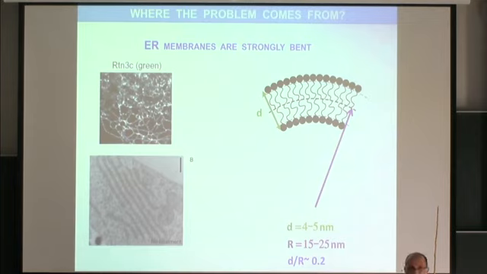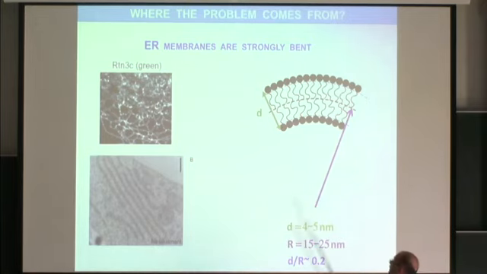The origin of the essence of the problem is the membrane curvature, because as I already tried to stress, the elementary structures, tubes and sheets, are strongly curved. The tubes are strongly curved, and the rims of the sheets are strongly curved. When I say strongly curved, what does it mean?